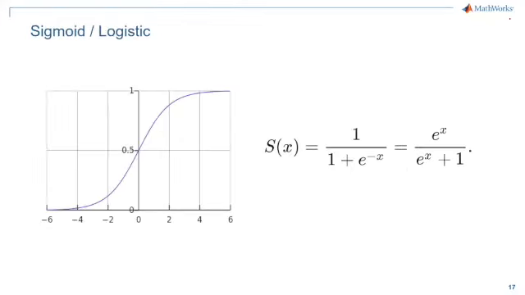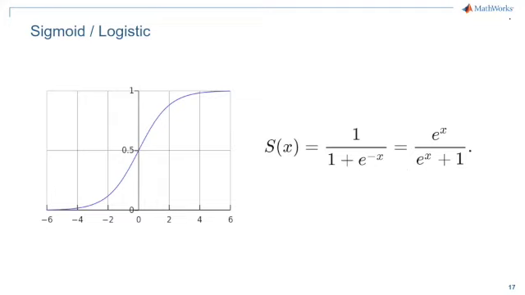One of the most used ones is the sigmoid function. The sigmoid function, also known as the logistic function, is a mathematical function with a characteristic S shape. A common example is the logistic function, shown here in the figure.